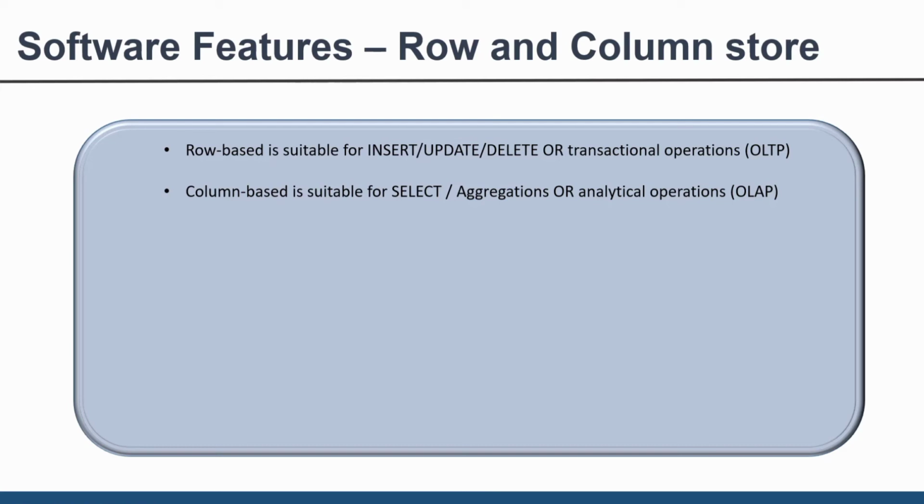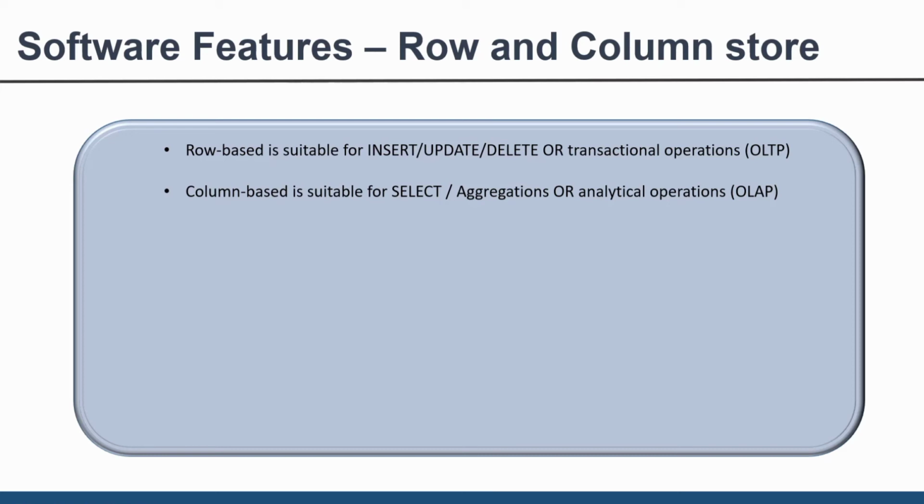And if you want to use selected or limited fields of a table frequently, then you create it as a column store table, because when you do the aggregations or analytics, you are using limited fields of a table frequently. So this is a ground rule that for OLTP purpose, you use a row store table. For OLAP purpose, you use a column store table.